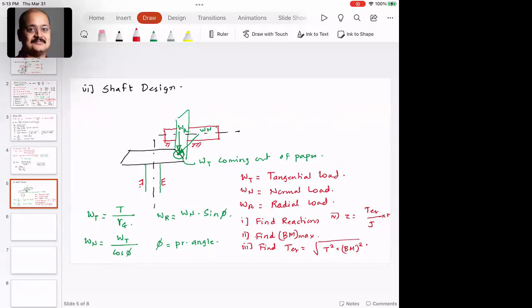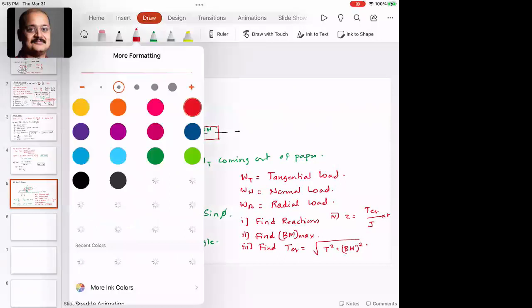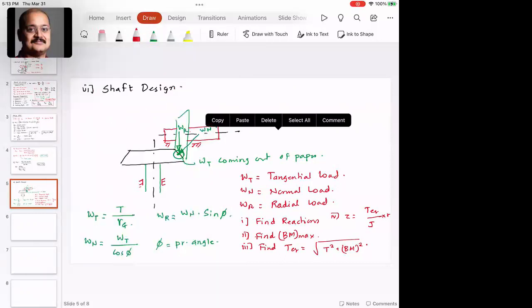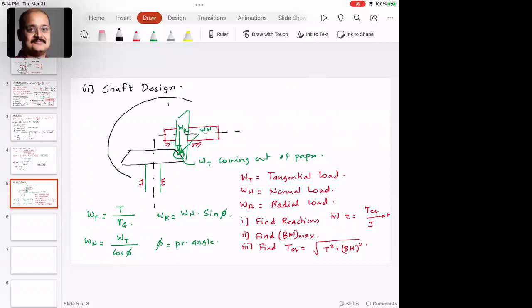So I'm going to give you a layout of how the housing design would look. The easiest housing that you can think about is something like this. As long as the bearings can be supported and the gears can be enclosed, then you can deal with this housing.